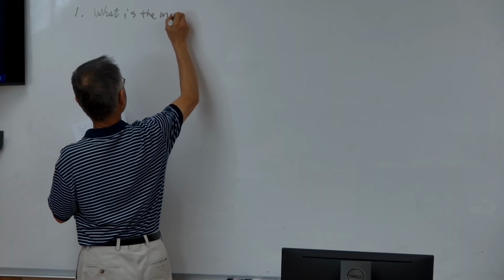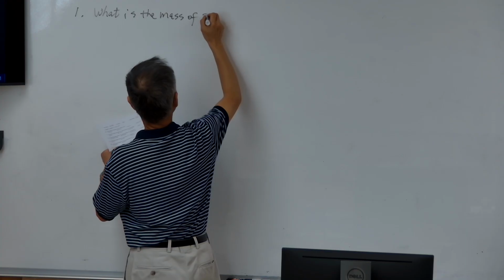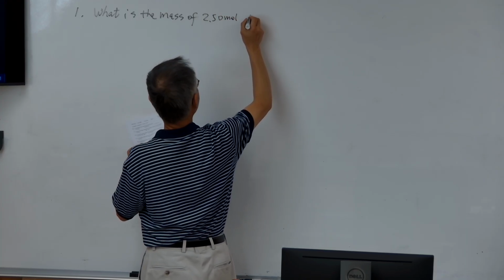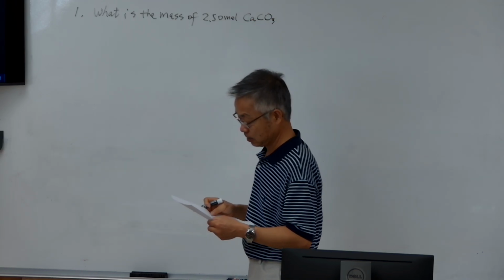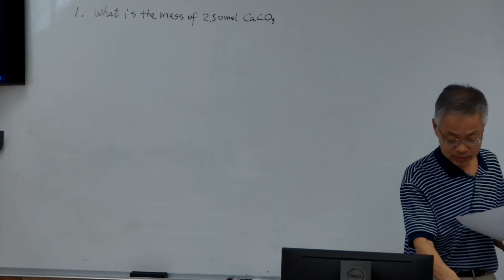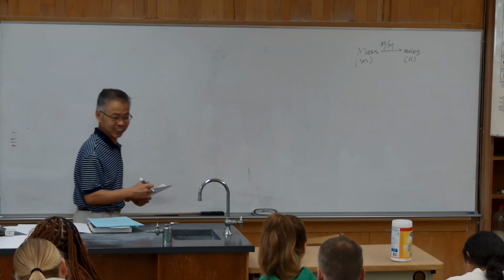What is the mass of 2.5 moles of calcium carbonate? Okay. So this time they tell us moles, also asking for mass. So we still need to take a look at this chart.